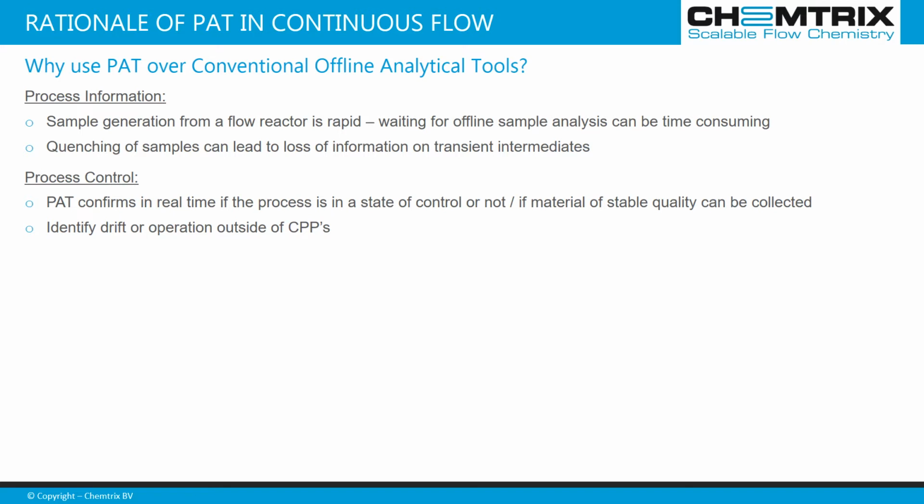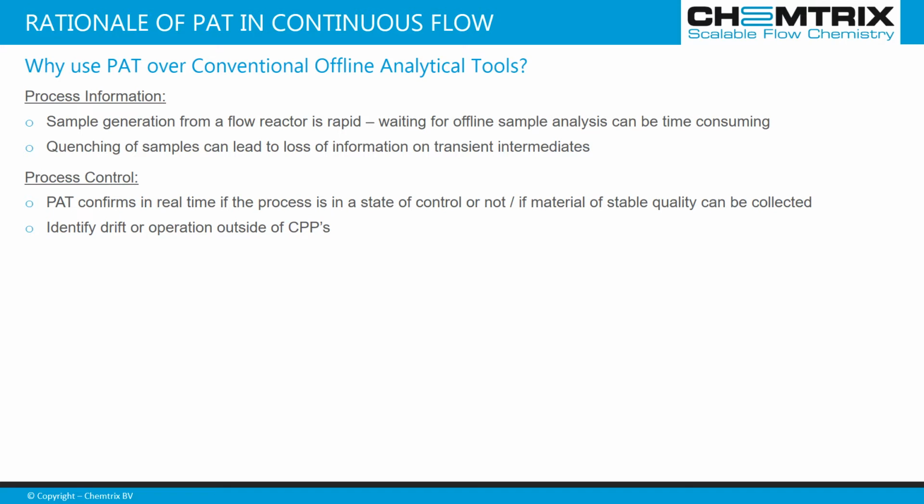For offline tools, you generally have to quench your reaction mixture to make sure it's stable. You might have to extract it so that it's in a suitable medium for the analytical tool itself, and this can lead to a loss of information. So not only are you losing time, but you might miss transient intermediates, unstable intermediates. You may racemize your product. So a lot can change if you're actually stabilising your sample ready for later analysis.